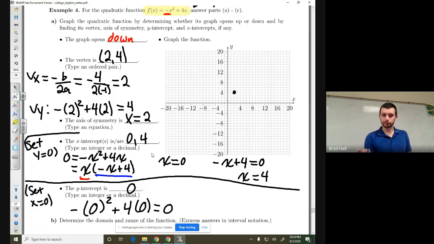The one I notice most significantly is 0, 0. It's the x-intercept and the y-intercept. And as soon as you plot that, the graph will be provided for you. And that would be it for at least graphing.